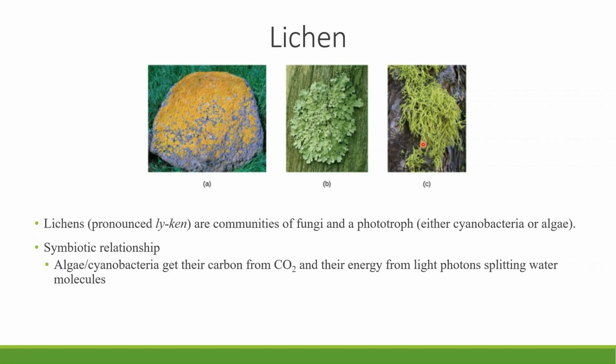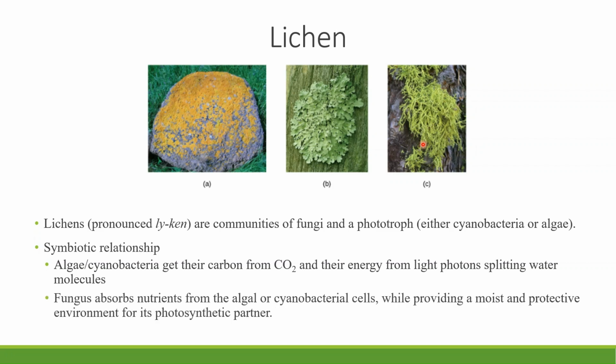And they're also going to make organic matter by harvesting CO2 and fixing it. So they are providing the source of energy and the source of organic carbon for the fungus that are heterotrophs. So they're chemoheterotrophs. They have to get their energy and their carbon from something else that's already fixed that carbon and already produced that energy in a usable form.